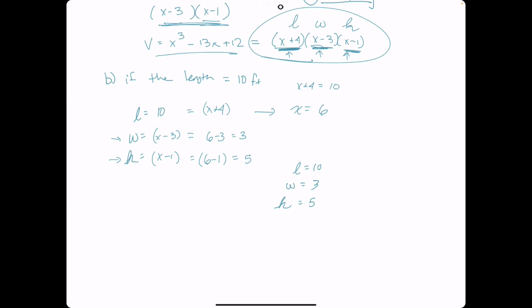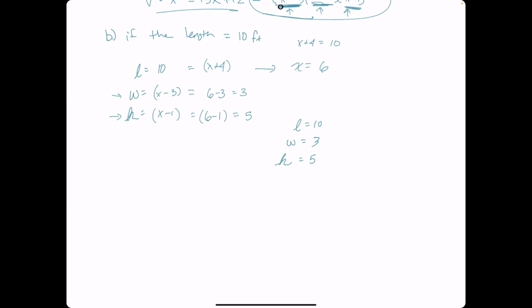So far, so good? Okay. Here's a really fun part that I like about synthetic division, especially if you don't have your graphing calculator around. It's something called the remainder theorem.